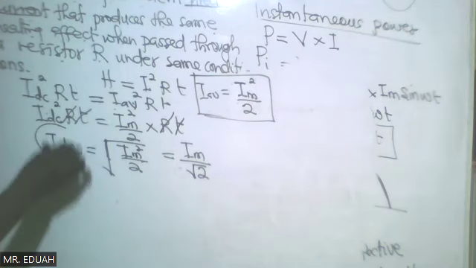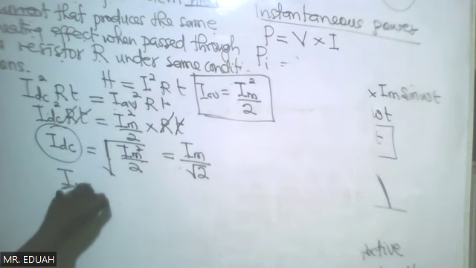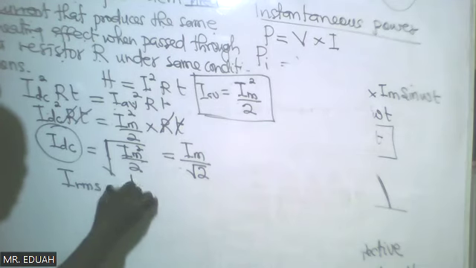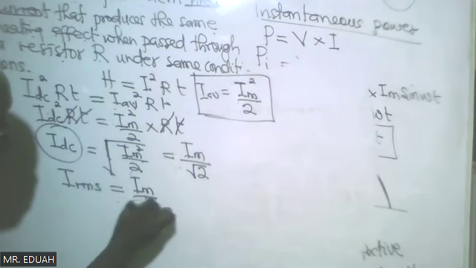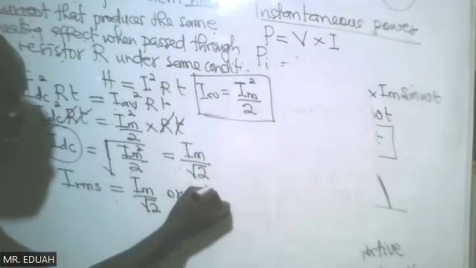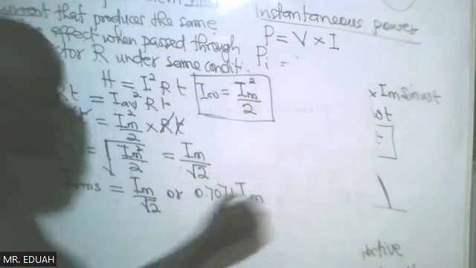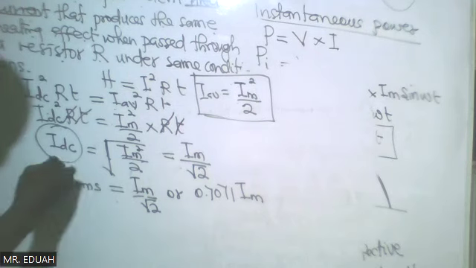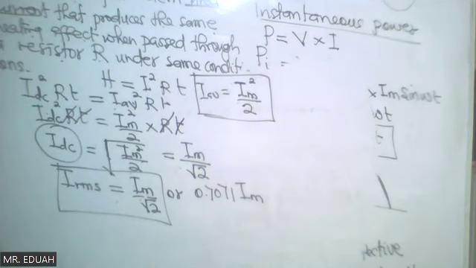So this equivalent DC is what we call I_RMS, which is equal to the peak current I_M over square root of 2, or 1 over root 2, which is 0.7071 I_M.